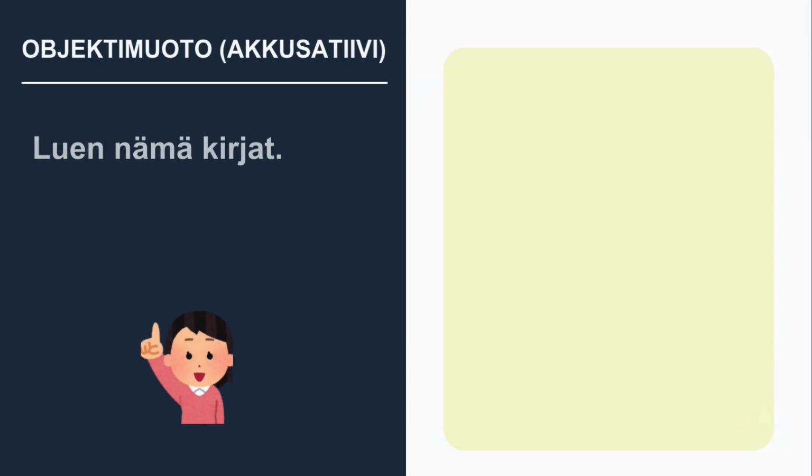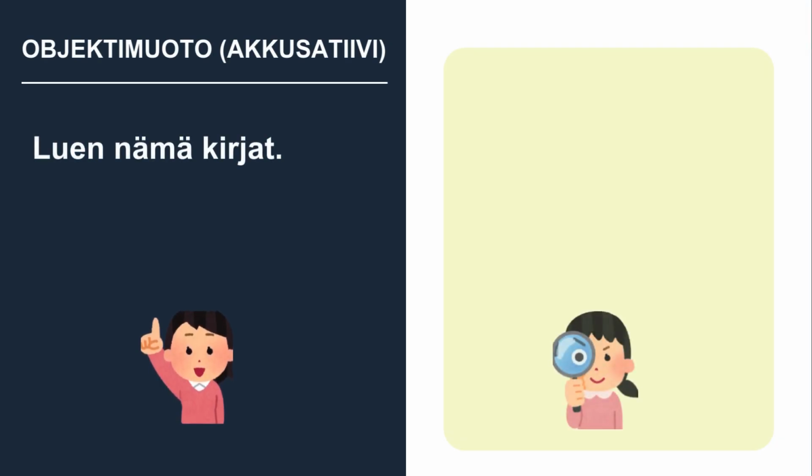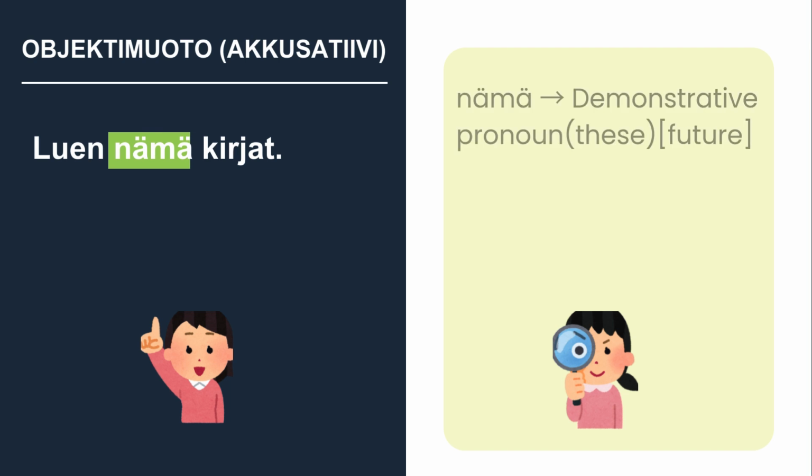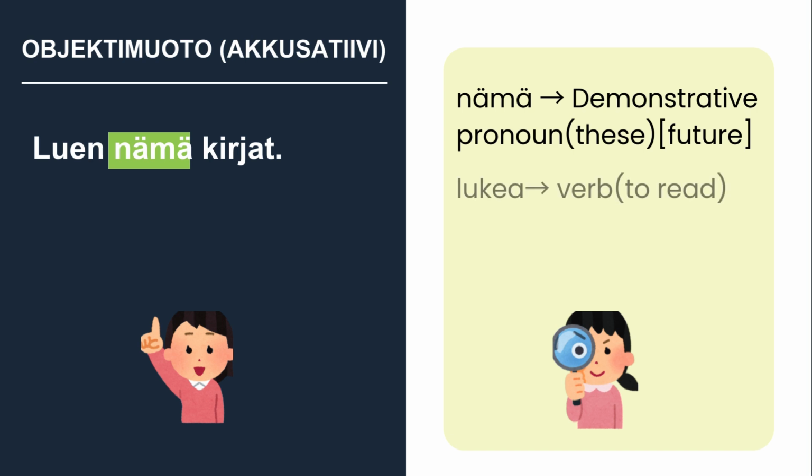Now let's have a look at some plural objects. Monikko means plural and yksikko means singular. Let's quickly look at this sentence. Luen nämä kirjat. Here, nämä is a demonstrative pronoun which means these. Luen comes from the verb lukea, means to read.